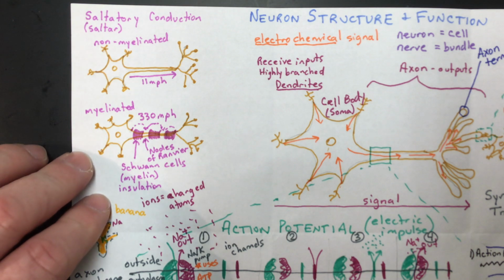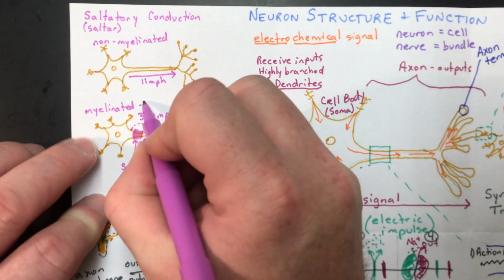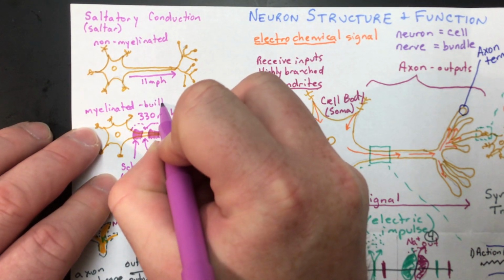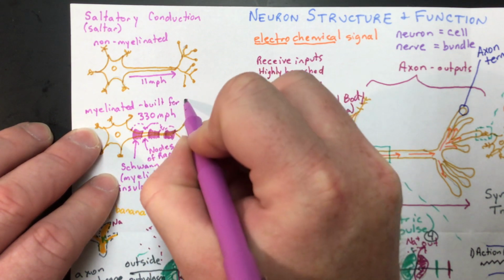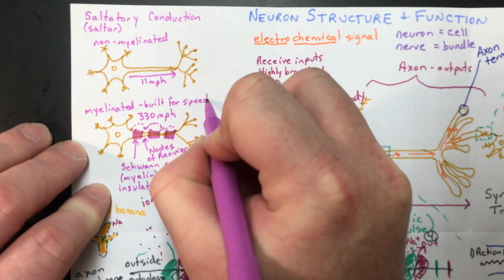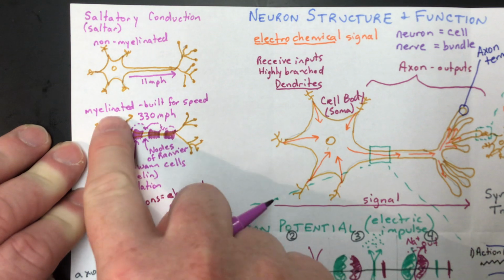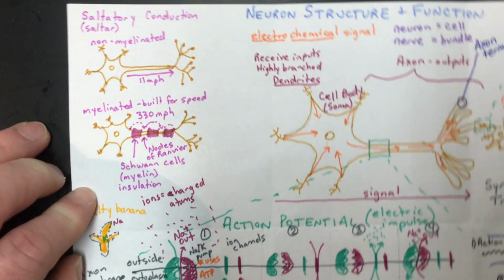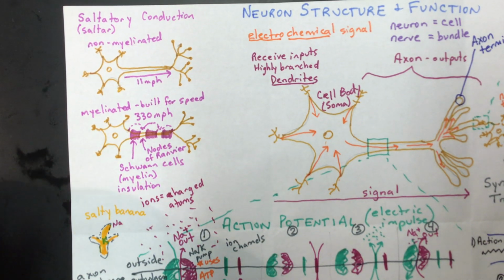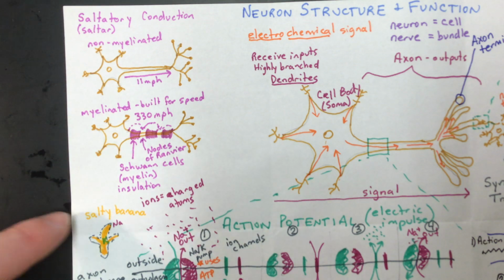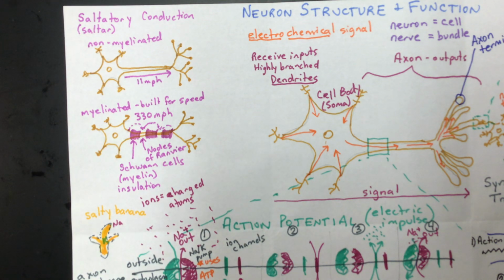So myelinated neurons are built for speed. How are they built for speed? Because those neurons have myelin, which is insulation to protect and preserve a strong electrical signal in the axon.